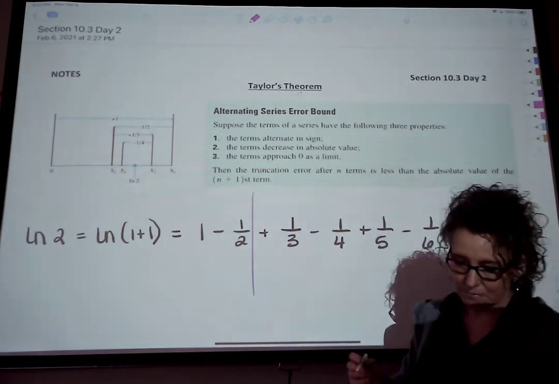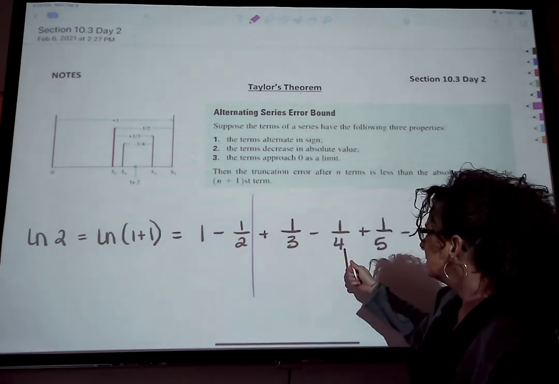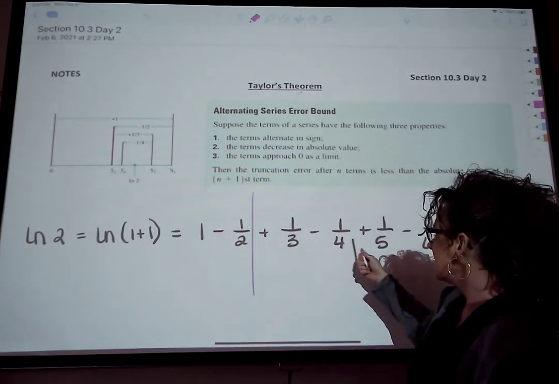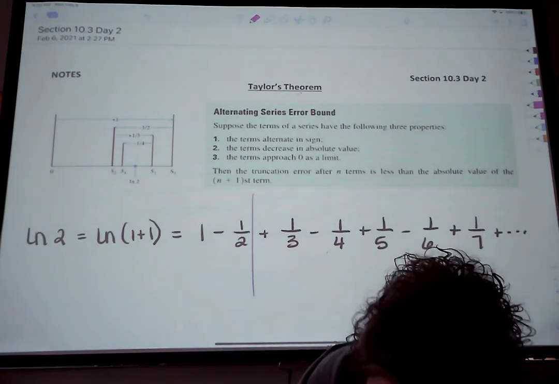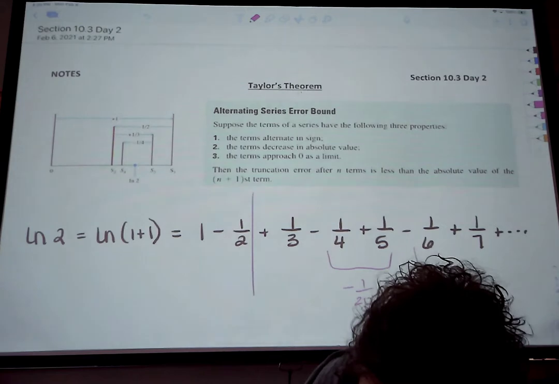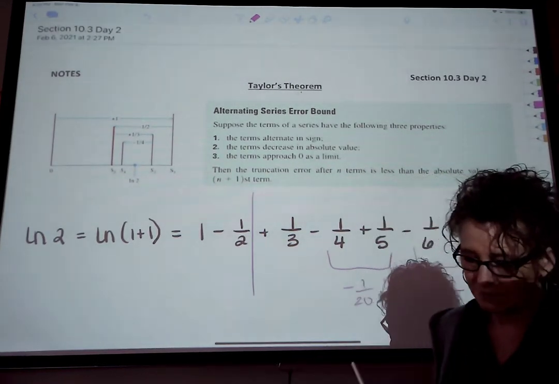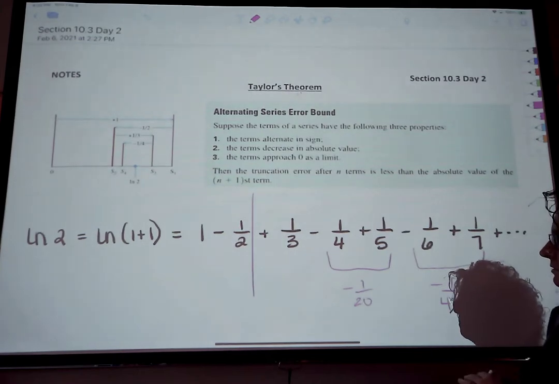And here's why. If I look at 1/3, and add the next two terms together, I get -1/20. Add the next two terms together, I get -1/42. And so on and so on.